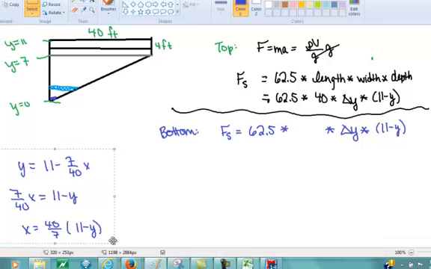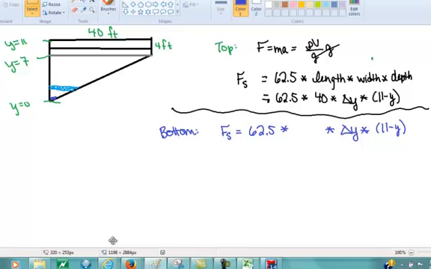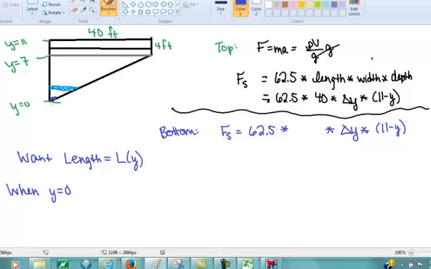So let's think of it a different way. We want the length, and this is how it was even written in the notes, to be a function of y. So the length is L of y. Well, what I just mentioned is that when y equals 0, way at the bottom of the pool, there's no length to that strip.